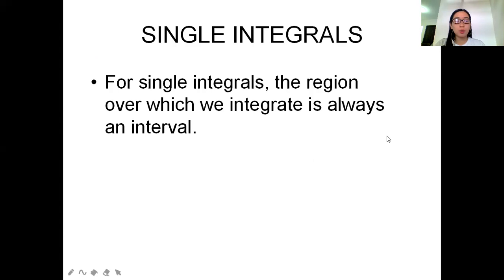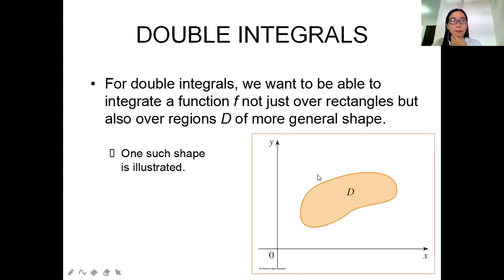shapes. For single integrals, the region over which we integrate is always an interval. So there is always an upper and lower limit for the single integrals that we already covered during the previous topics. Today, we are going to discuss double integrals.